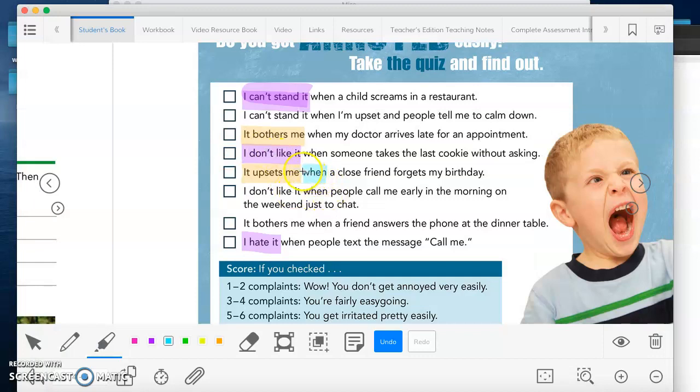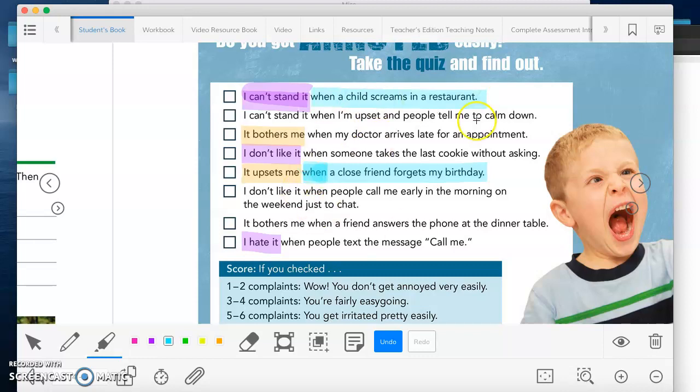So we say when. Where else can you see another clause using when in here? Exactly. When a child screams in a restaurant, that's another clause.